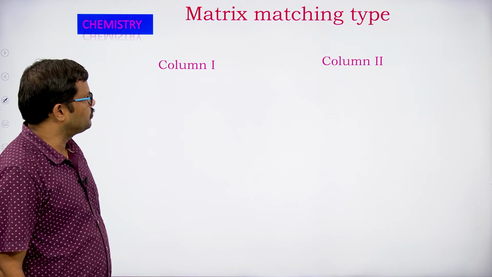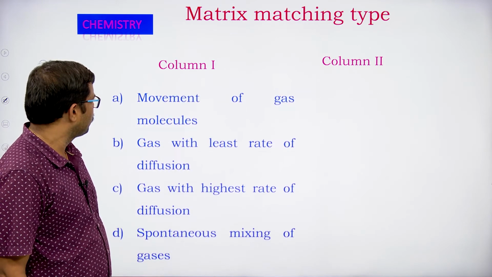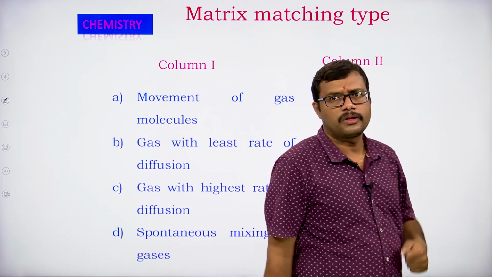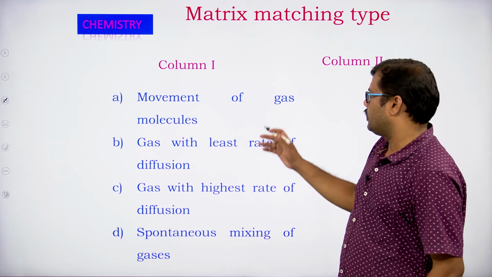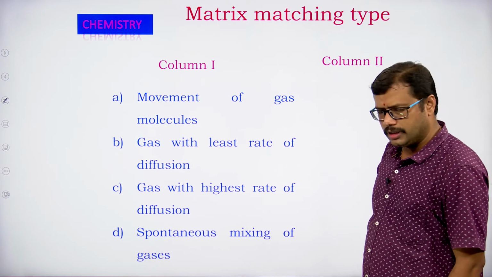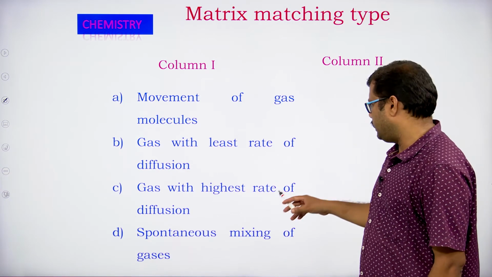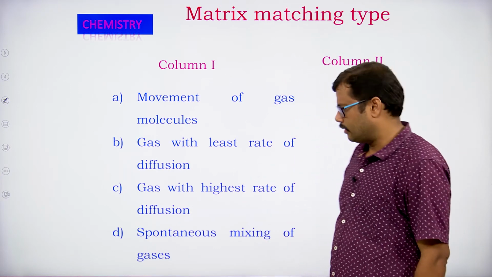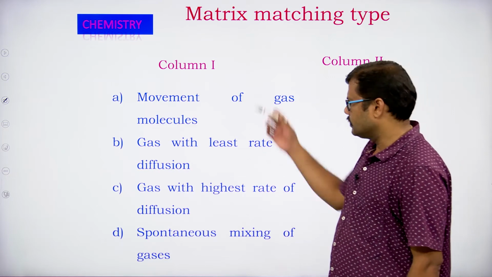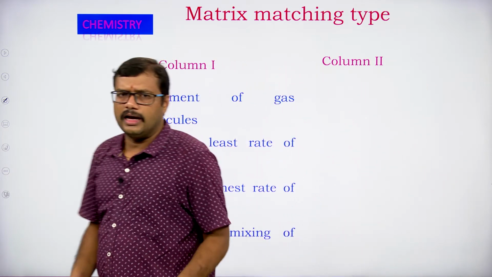One more matrix matching type. Movement of gas molecules, gas with the least rate of diffusion, gas with the highest rate of diffusion, spontaneous mixing of gases. So, these are the 4 parameters given in column 1.